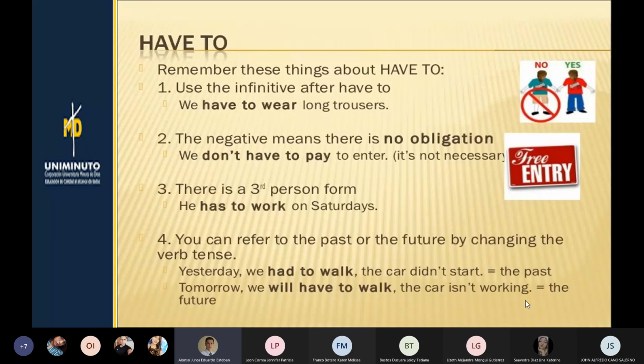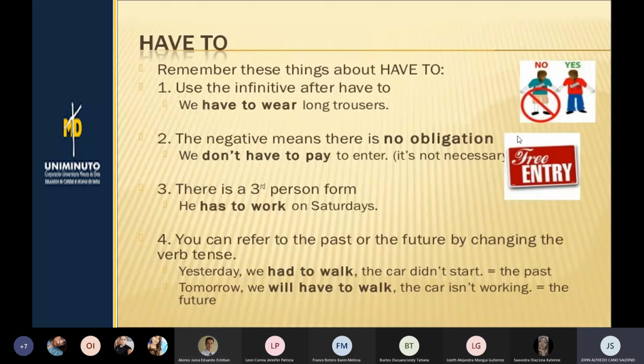You can refer to the past or the future by changing the verb tense. Yesterday we had to walk. The car didn't start. The past. Tomorrow we will have to walk. The car isn't working. The future. Okay, perfect, Eduardo. Thank you.